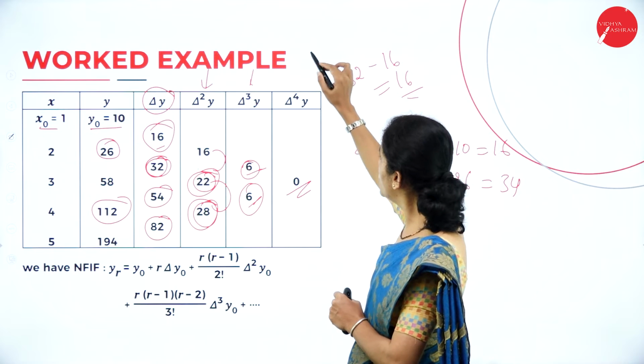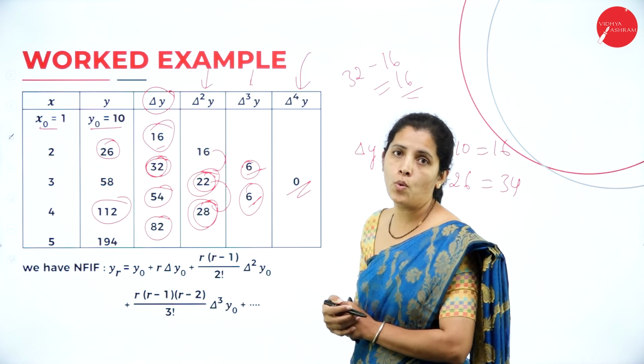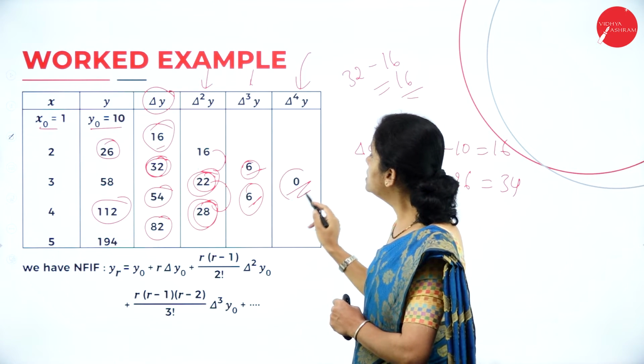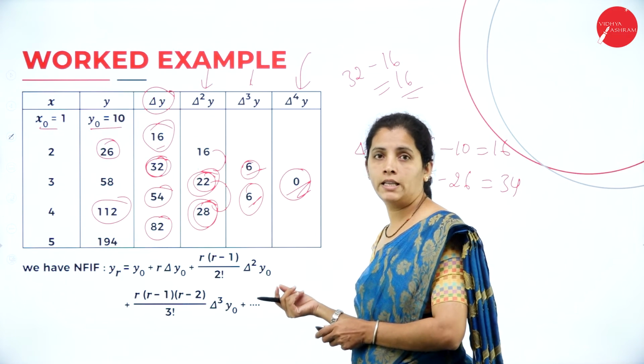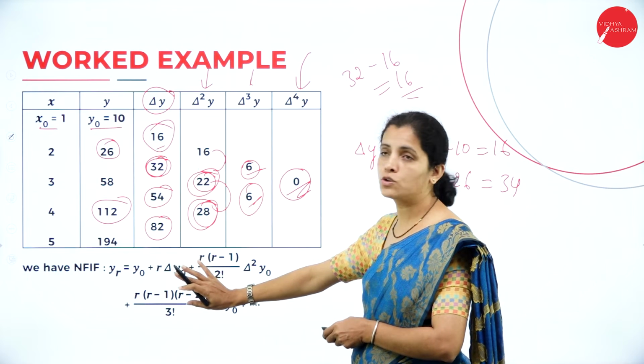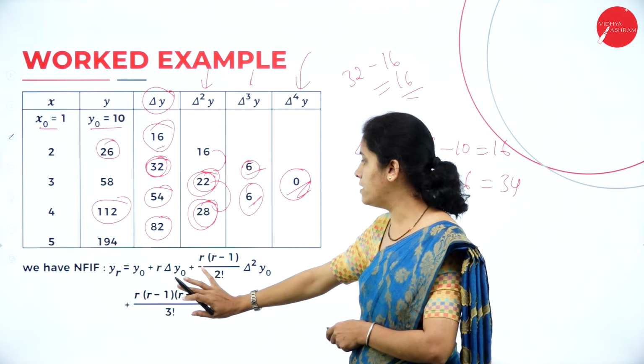And here I'm not going to consider delta 4 y because it is 0. And when I multiply with 0, I'm going to get the answer 0. So I'm going to stop the formula here itself.